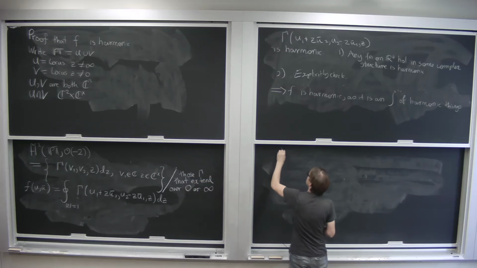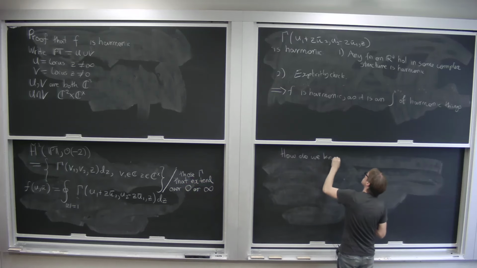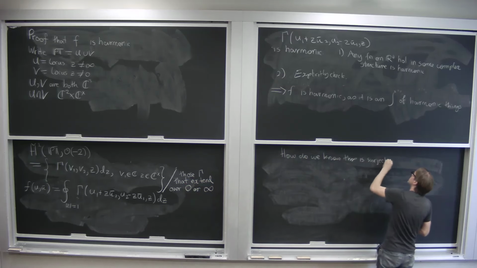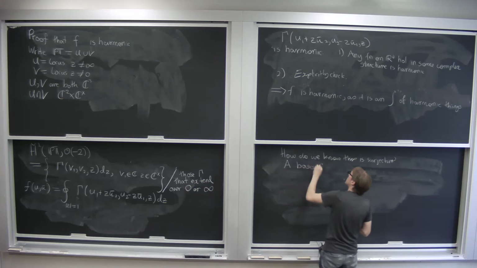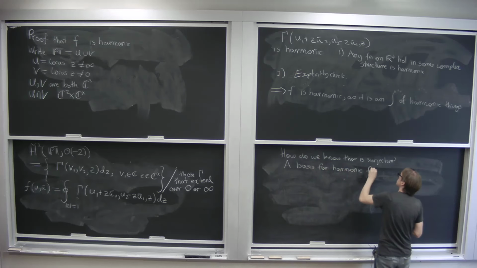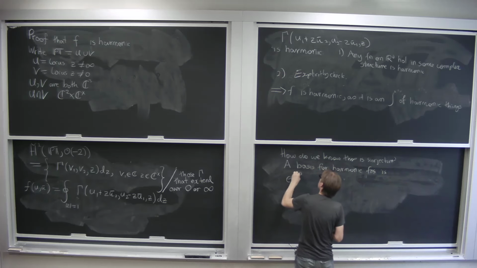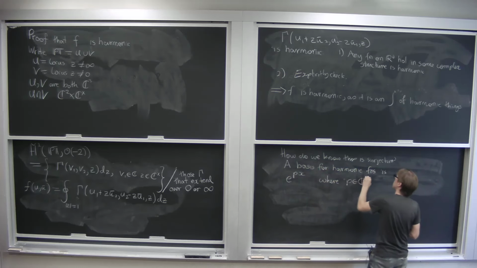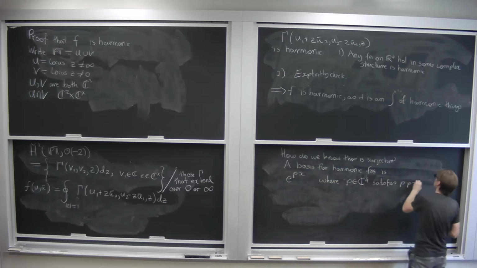So firstly, how do we know this is surjective? A basis for harmonic functions is given by things like e^{ip·x}, where p in C4 satisfies p·p = 0.